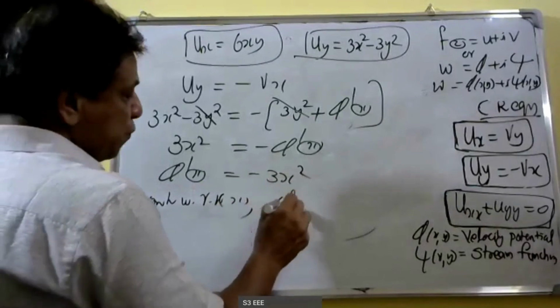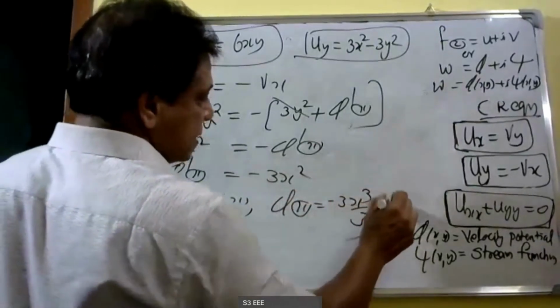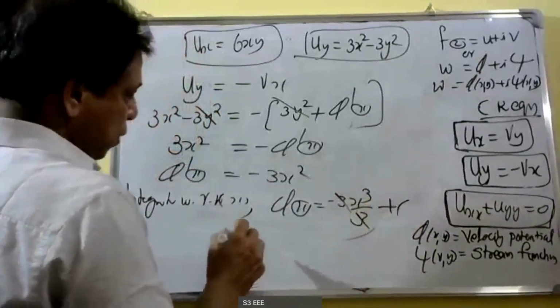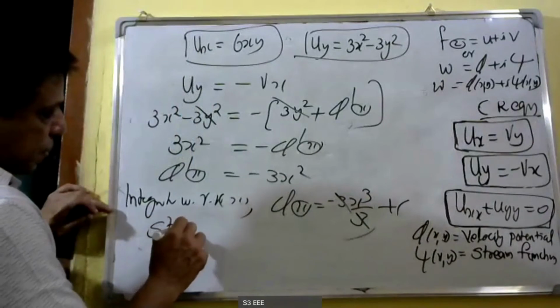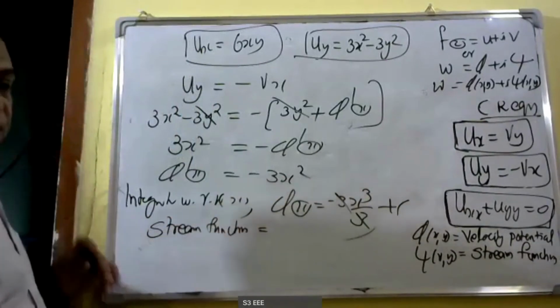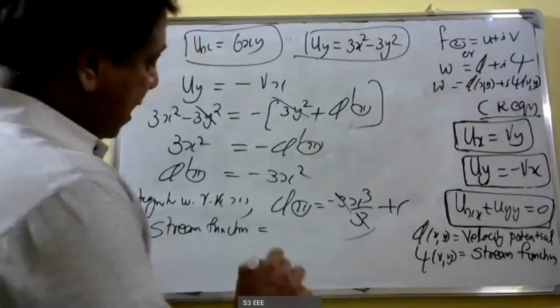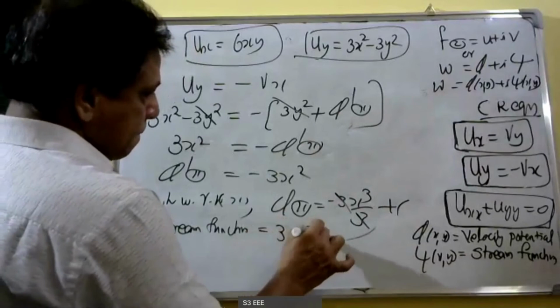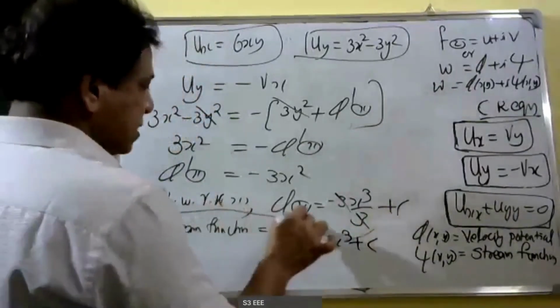We get phi of x is equal to minus 3x cubed by 3 plus c. Therefore, our stream function will be equal to 3xy squared minus x cubed plus c. This is the final answer.